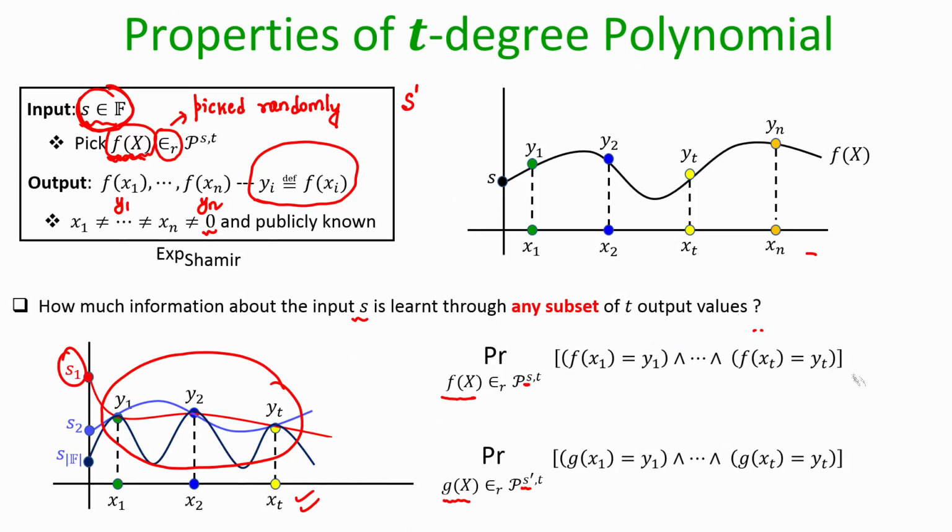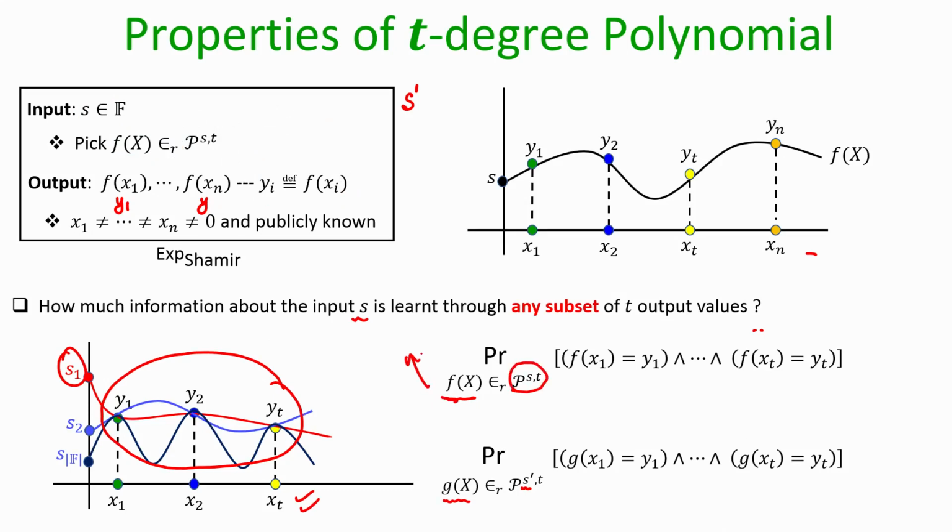So, let us consider the first probability here. I want to compute the following. What is the probability that in the experiment the polynomial f of x is chosen randomly from this set, that means the input was s, and given this you see the first t outcomes to be y1 to yt?